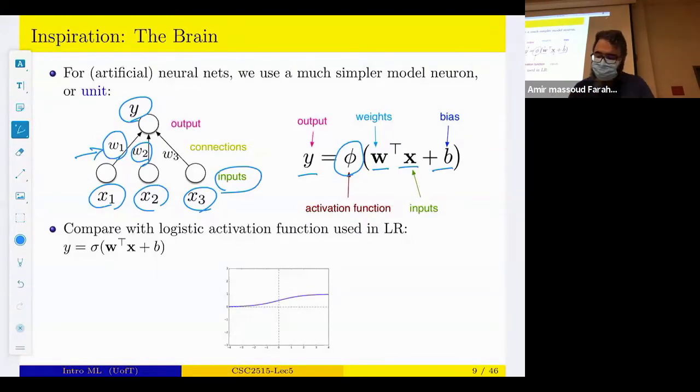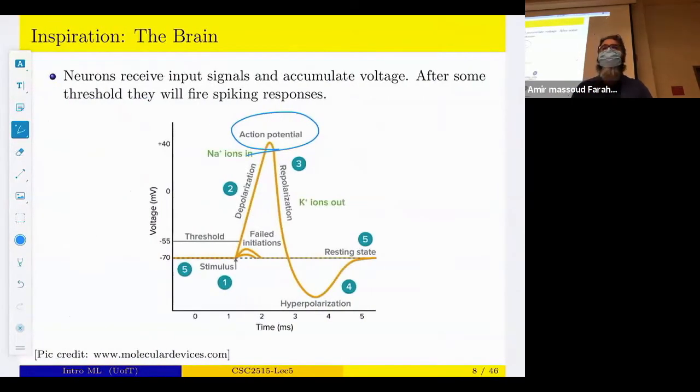So the activation function mimics this behavior that for a real neuron, we have this thing called a threshold, which the neuron would only become active and produce some output in its axon if it passes some threshold. The total input to its dendrites, if it passes through some threshold, it starts generating some action potential.